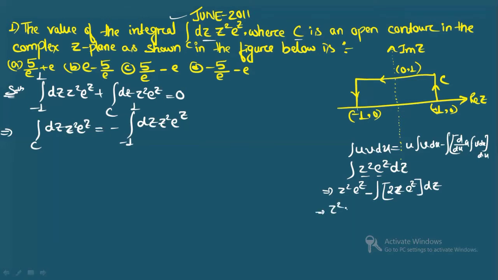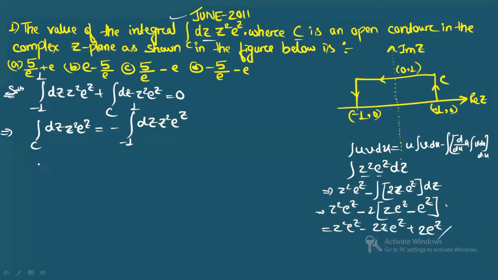Finally, this is z square e to the power z minus 2, keeping 2 outside. Doing the same integration again, you get z e to the power z minus the derivative of z, which is 1, and integrating e to the power z again gives e to the power z only. So finally you have z square e to the power z minus 2z e to the power z plus 2 e to the power z.